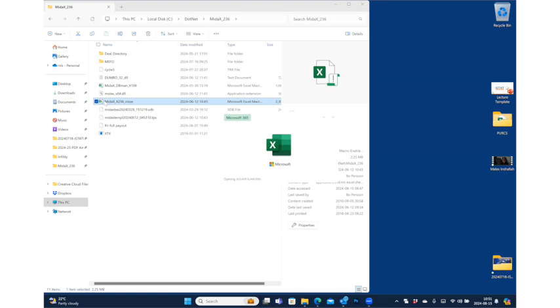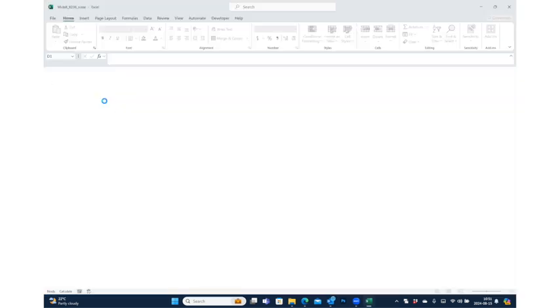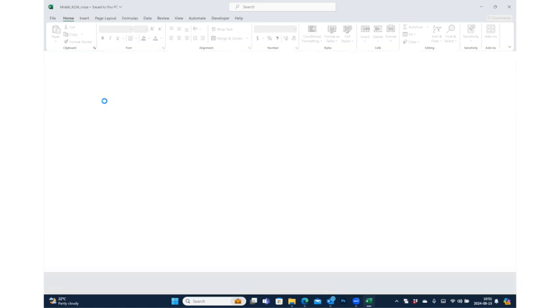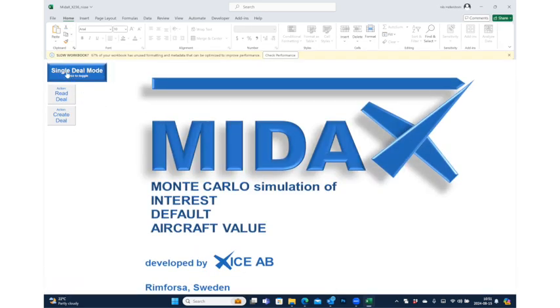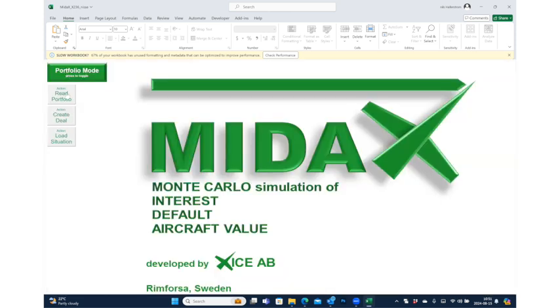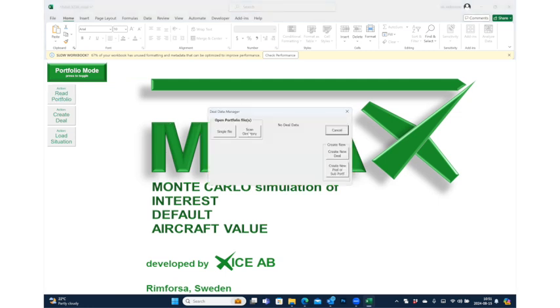Now I'm going to show you a quick demo of the portfolio model. While it's opening, it's loading the database. And it takes the latest database by default. And now I will go from the single deal mode to the portfolio mode and read the portfolio. So I have my 4 loans in a directory that I'm gonna scan now.